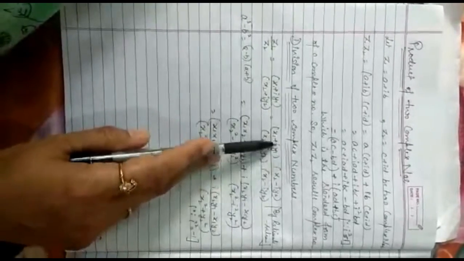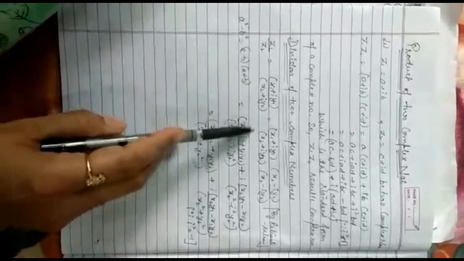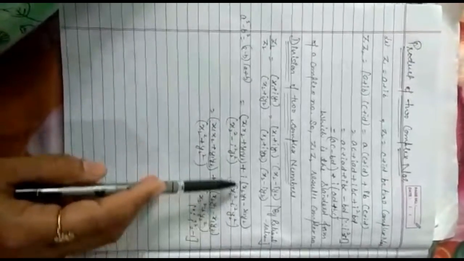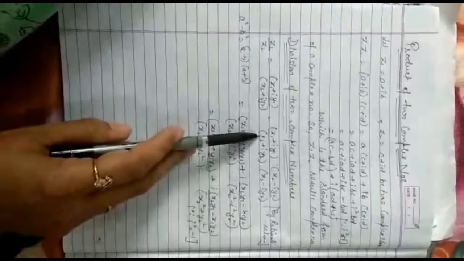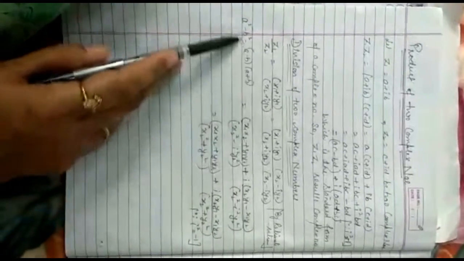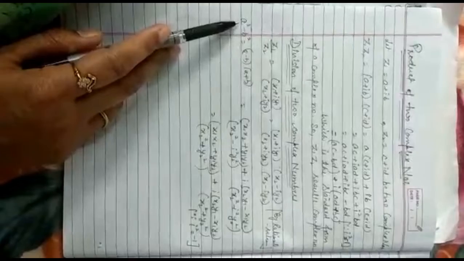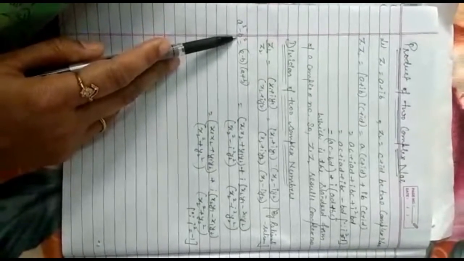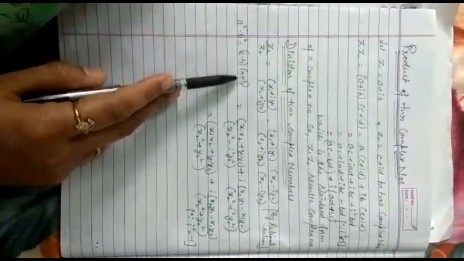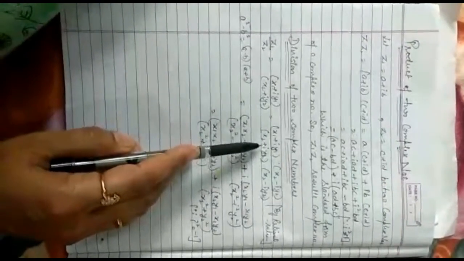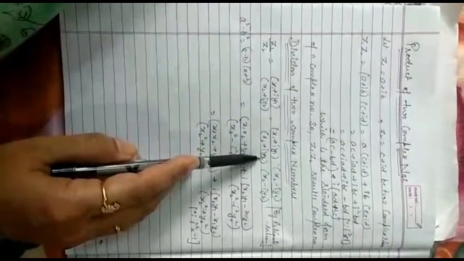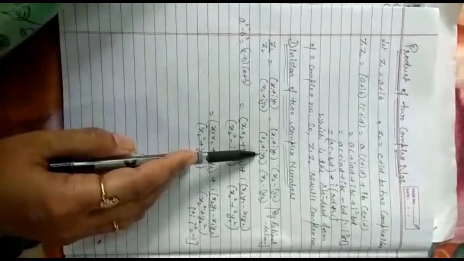After multiplication of the two factors as we have done above, we will get the result as this. I have separated out the real part and the imaginary part. In the denominator, there comes an identity we have done in the lower classes, that is a square minus b square is equal to a minus b, a plus b. Here x2 plays the role of a and iota y2 plays the role of b.